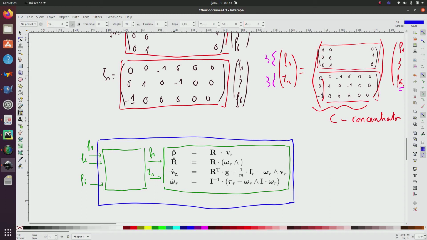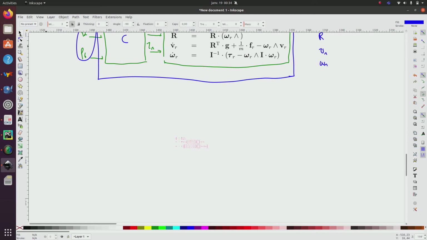We can see that the state variables are P, the position of the hexarotor, R, its orientation, VR, its speed vector in its own frame, and omega R, the rotation vector in the robot frame also. So here it corresponds to the concentrator. If I do this, I will obtain a new state equation with new inputs corresponding to this.